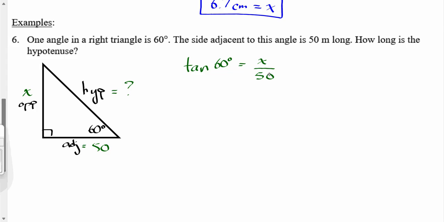And I'm going to solve that. Once I solve it, then I'm going to stick it into my Pythagorean theorem and have x squared plus 50 squared equals my hypotenuse squared, and we'll solve that. So I'm going to give you a head start to see what you can calculate for this one.